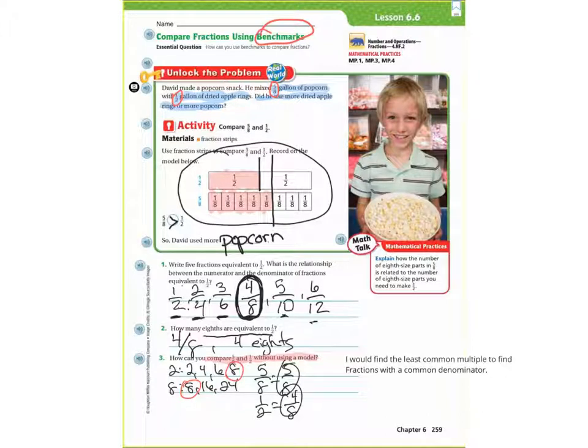That's just what we did. I'm getting my terminology mixed up. Trust me, I know what I'm talking about, even if sometimes my words may not make sense. So you're going to find the least common multiple to find fractions with a common denominator.